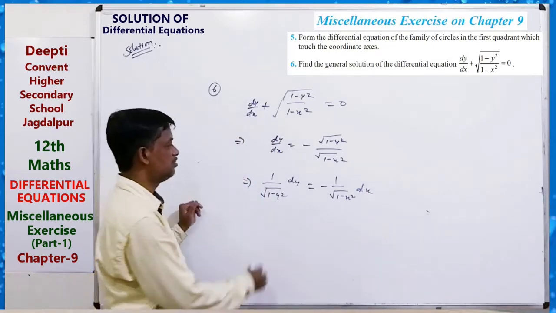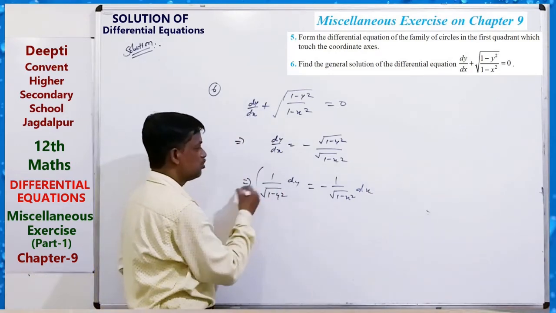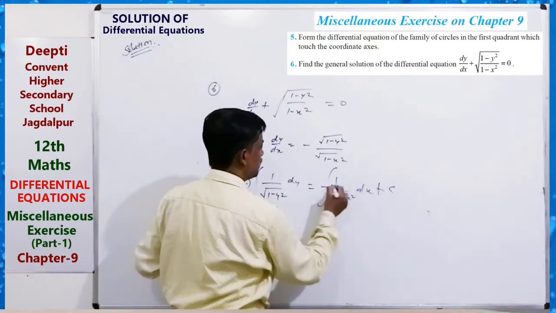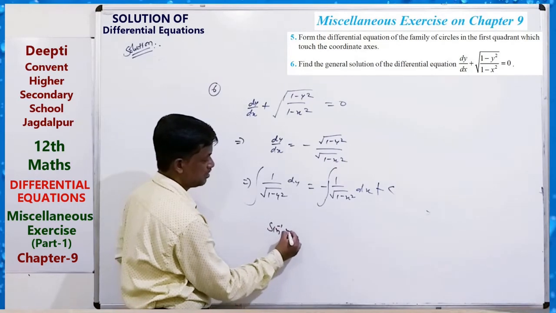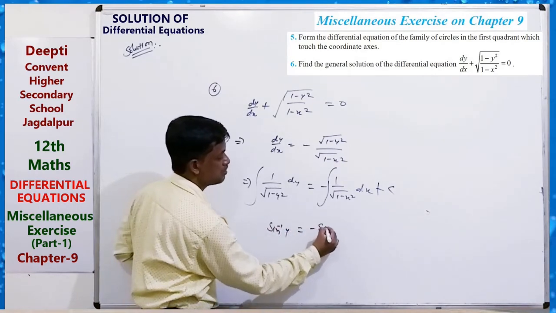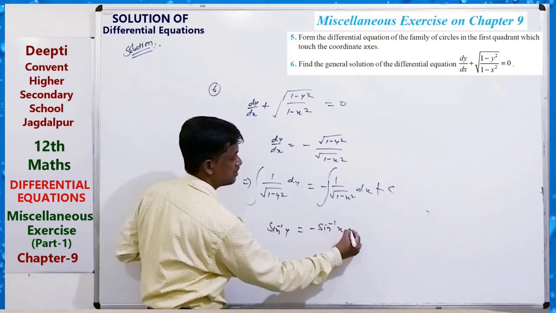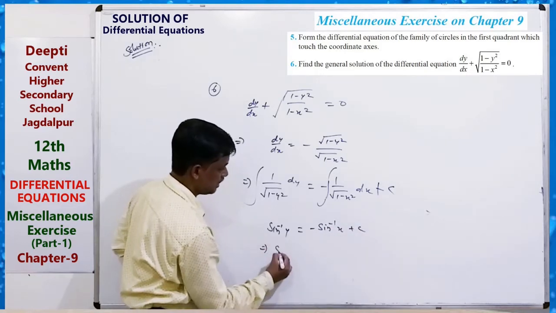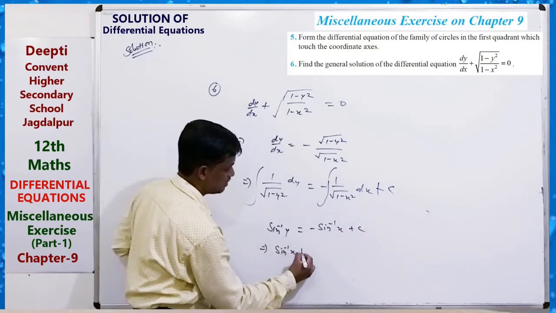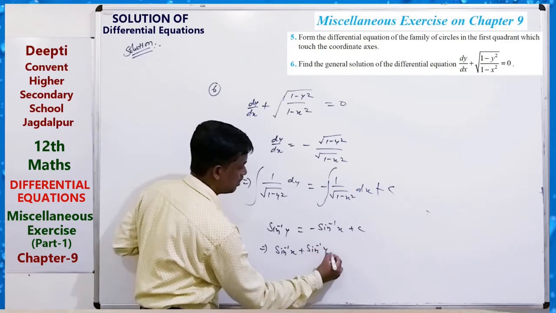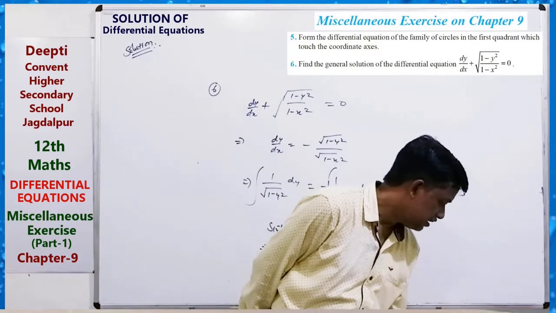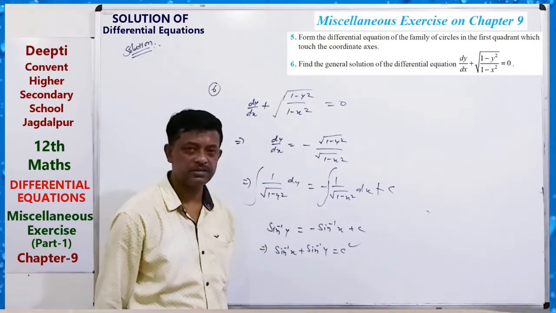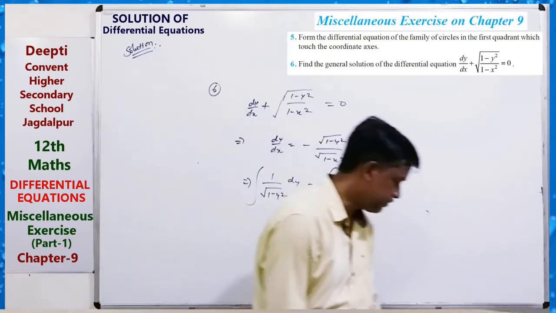Just integrate on both sides and we get the solution: sin inverse y equals minus sin inverse x plus c. So sin inverse x plus sin inverse y equals c. This is the solution, where c is the constant.